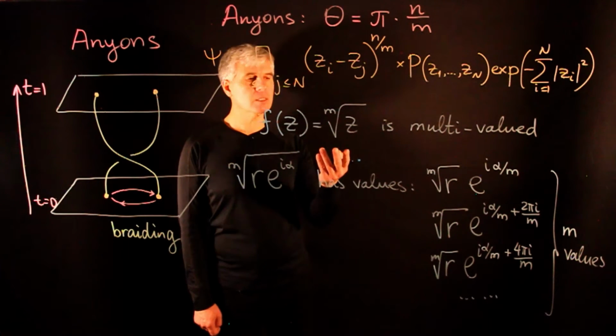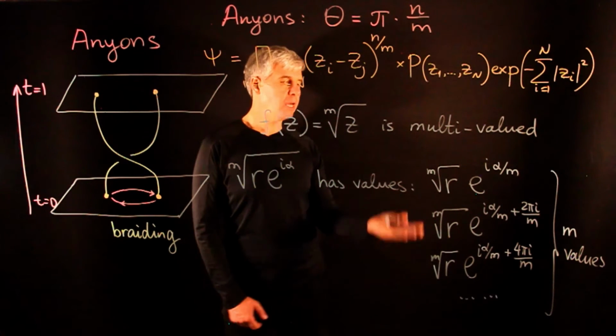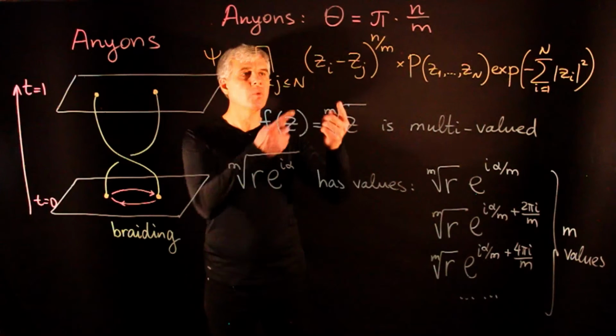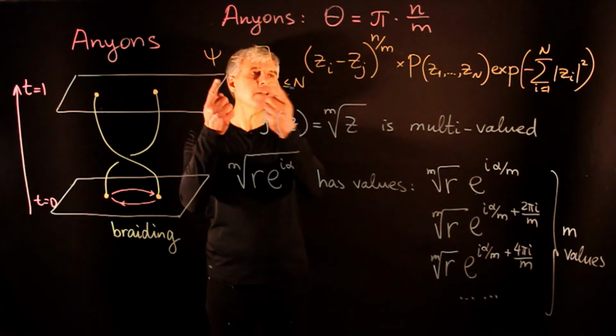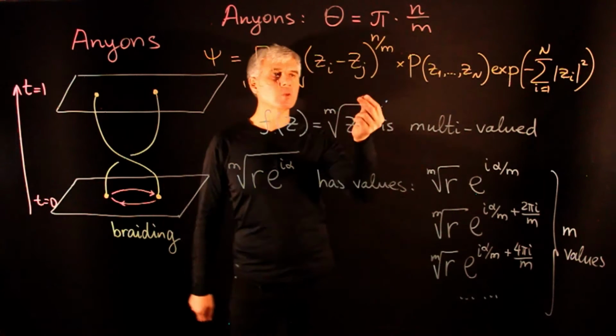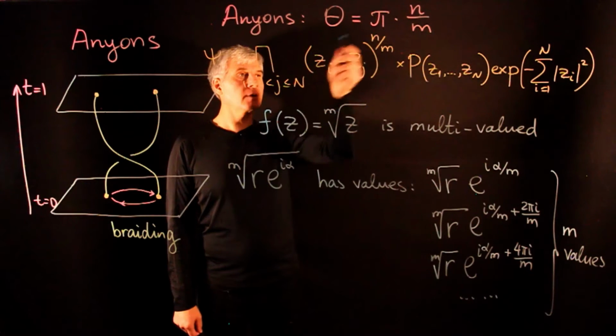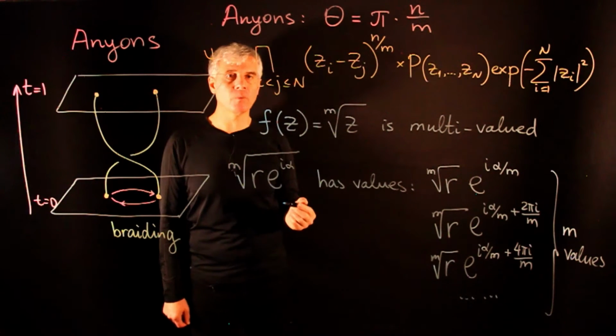Geometrically, this means that the mth root function over complex numbers has m branches. And when we specify a particular value of this wave function psi, then we should also specify the branch of this mth root function that we are taking.